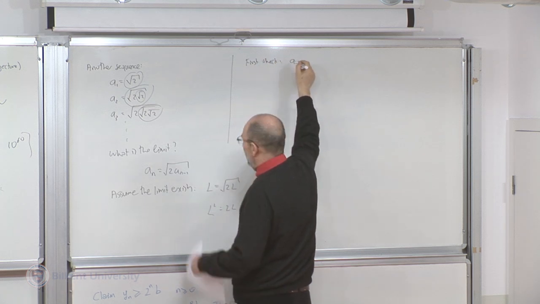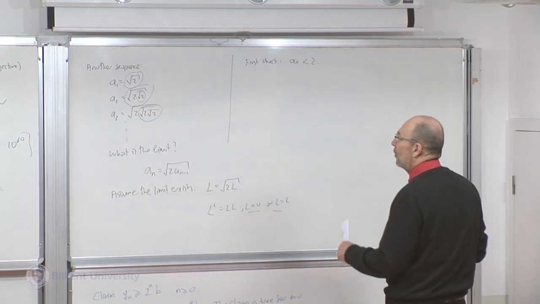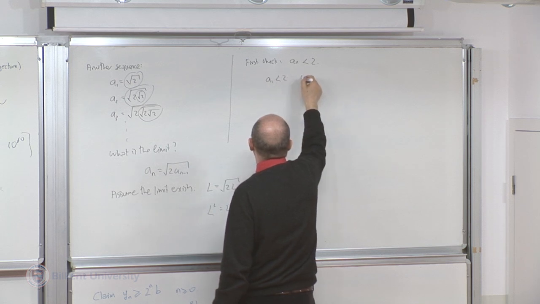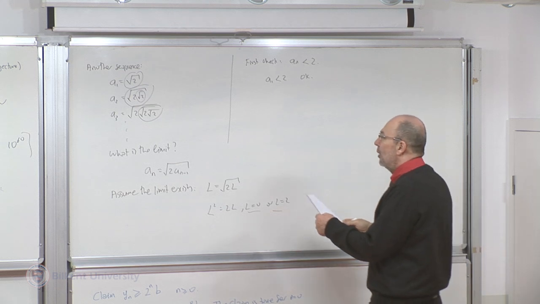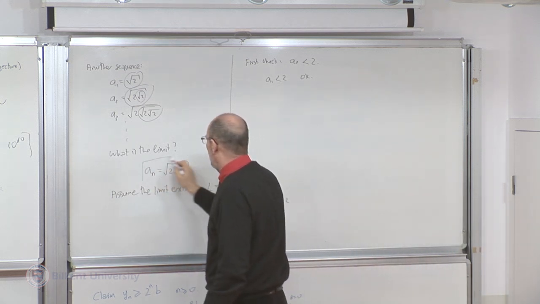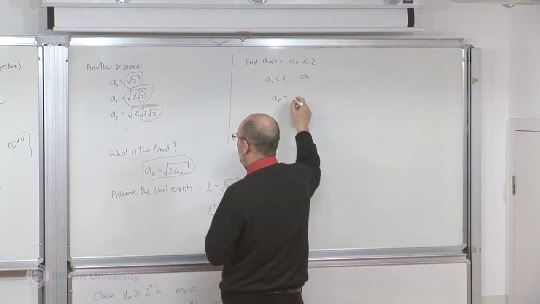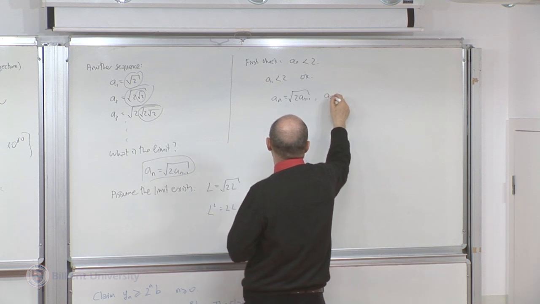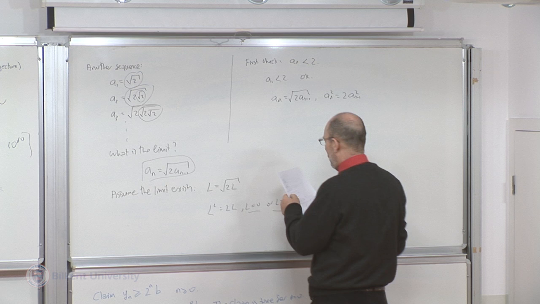that a_n is always less than 2. It cannot be larger than 2. So a_1 is less than 2. That's okay because I have a number here; I know that it is less than 2. Then I take this one. I have a_n equals square root of 2a_(n-1). So a_n squared is equal to 2a_(n-1).